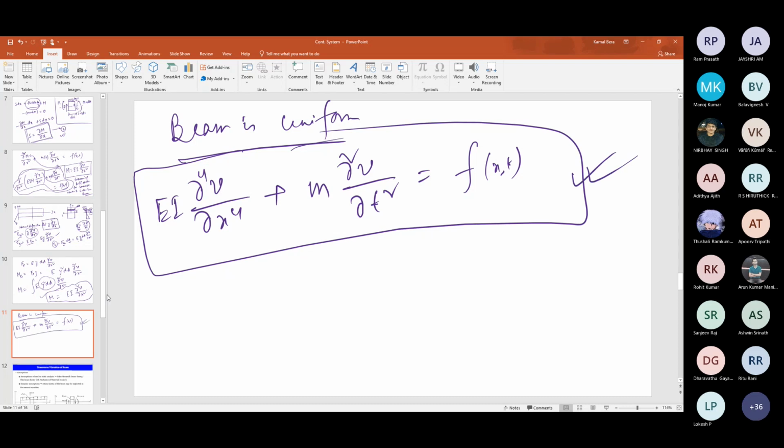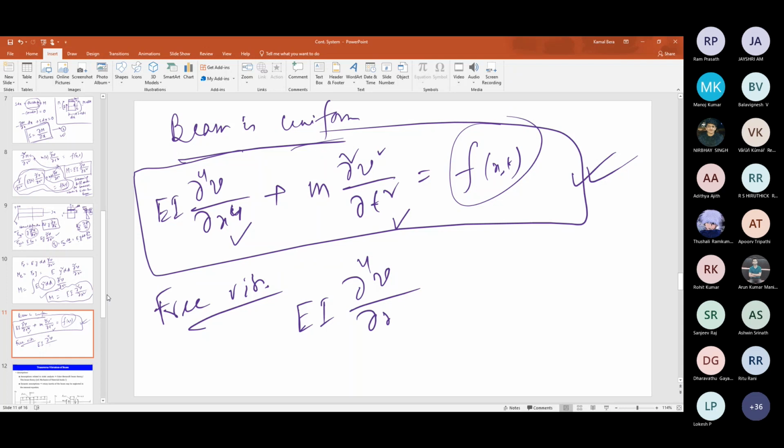Okay. So you see here the differentiation with respect to time is there as well as space. And our primary variable is v, that is the beam transverse deformation. So obviously my free vibration problem will be what? This will be 0, right? No external force. EI del 4 v by del x to the 4 plus m del 2 v by del t squared equals 0.